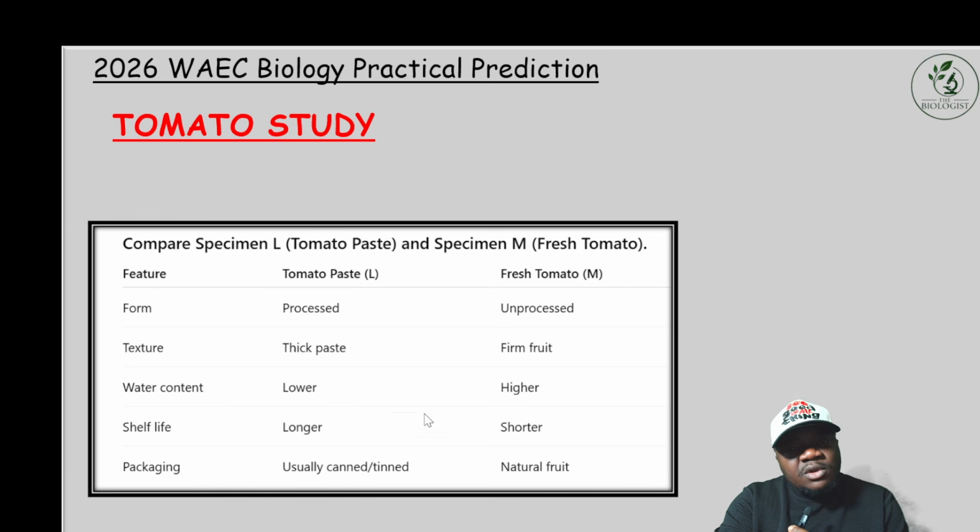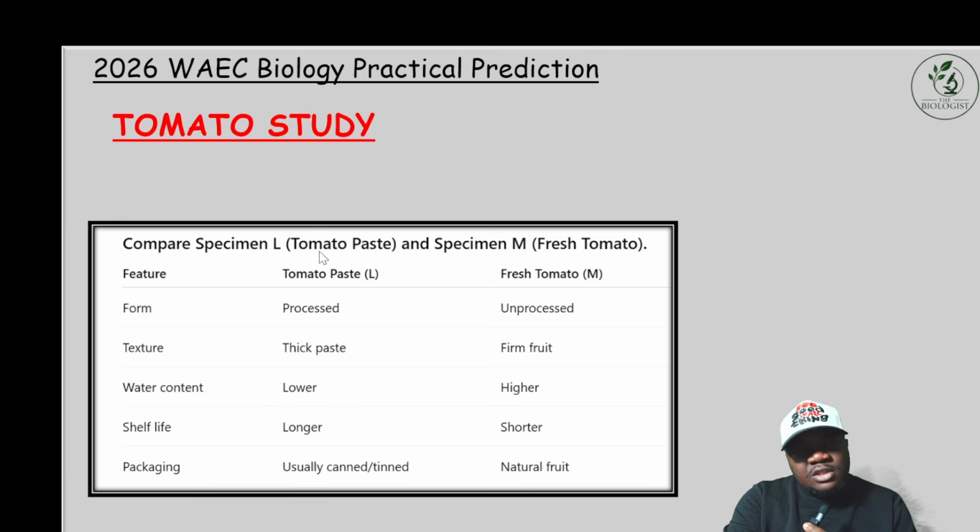Water content is lower in paste, higher in fresh. Shelf life, though I'm quite skeptical they will ask you something like this, to compare tomato paste and fresh tomatoes. But tomato paste is used in industry, and is also used at home to cook different types of meals.